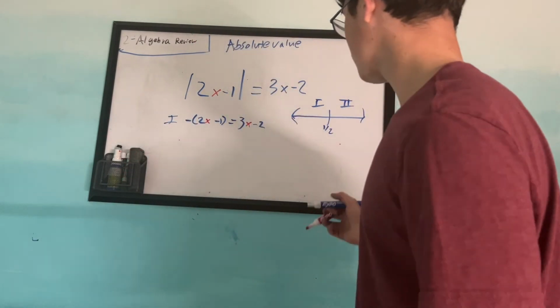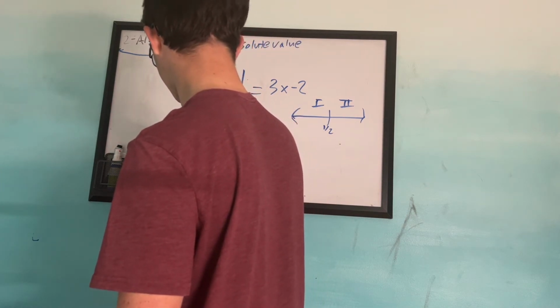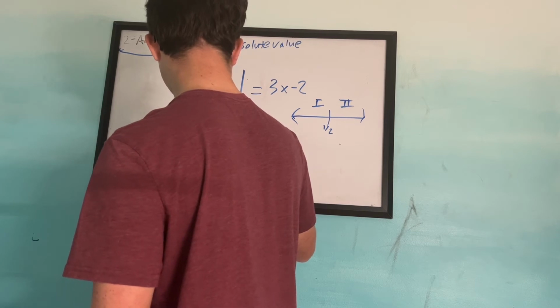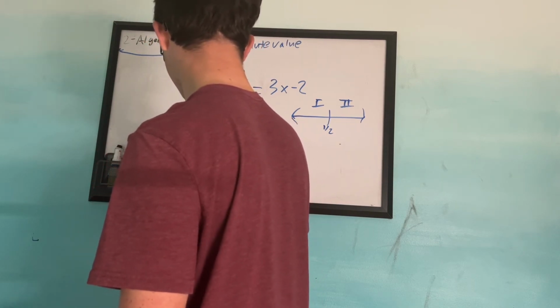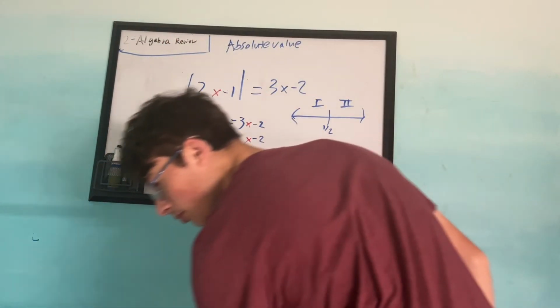Simplify this out. Negative 2x plus 1 equals 3x minus 2. Add 3x to both sides. And then subtract 1, equals negative 3. And that's pretty straightforward.